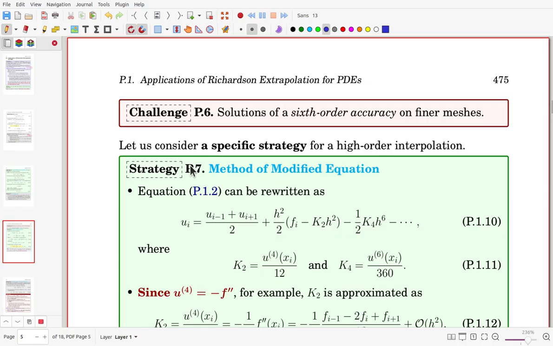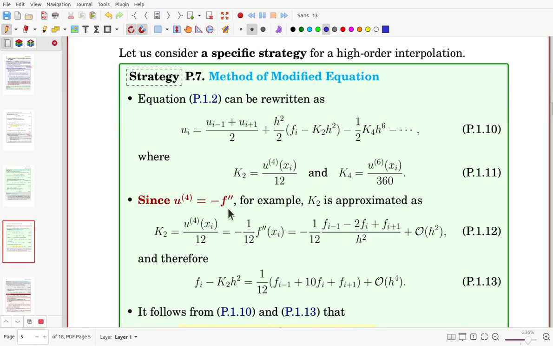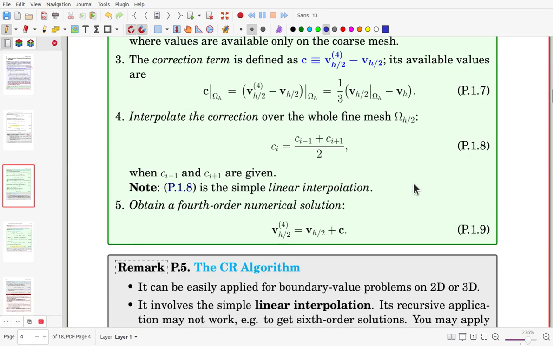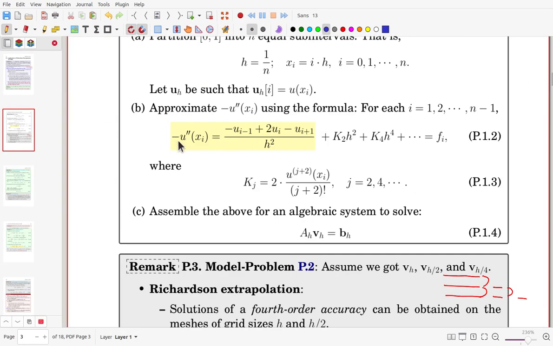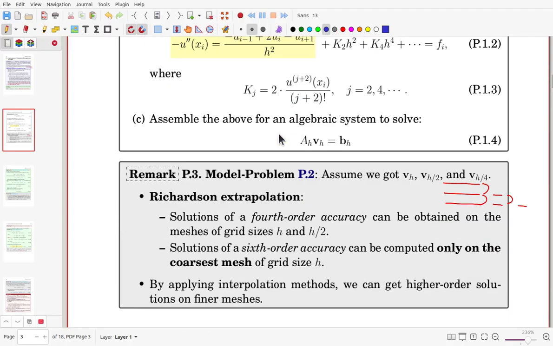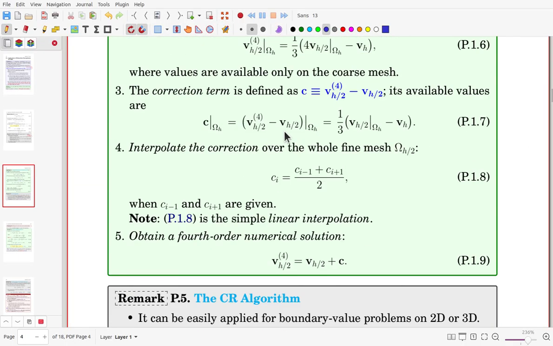That is called the method of modified equations. And earlier, that equation, P.1.2, which is this one. From this one, we reorganize and we solve this equation for u_i. Okay.